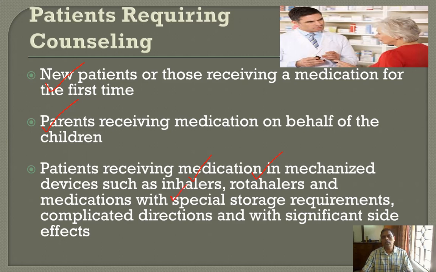If medication needs to be stored in the refrigerator, certain antibiotics, especially those in powder form that need to be converted into suspension by putting in water, after taking the first dose the medication has to be refrigerated in most antibiotics. So in such cases, the pharmacist has to do the counseling.